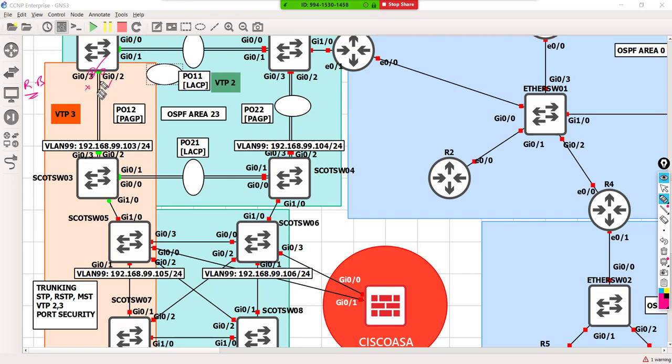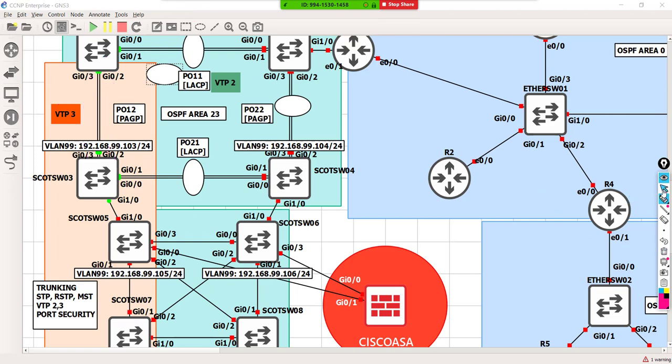Now I have to change that default behavior. So what I can do is, as you all know, the cost is an important factor. Between this, the cost was the same. The cost is the same because they are directly connected. So for this and this, the cost is the same, which is 4, and for this and this also, the cost is the same, 4. So I can change that behavior manually.